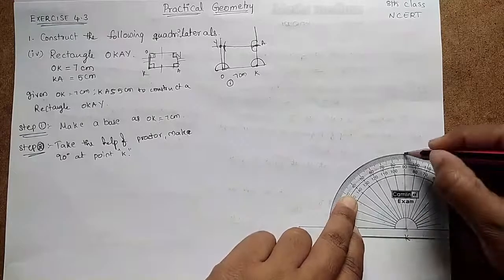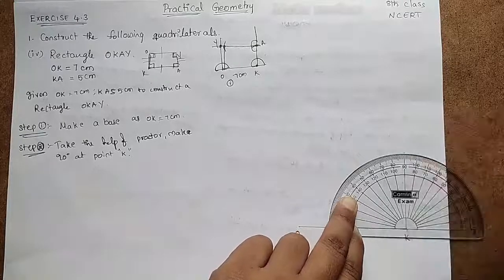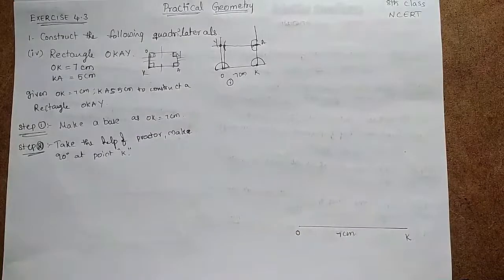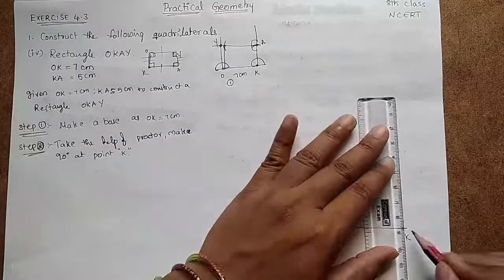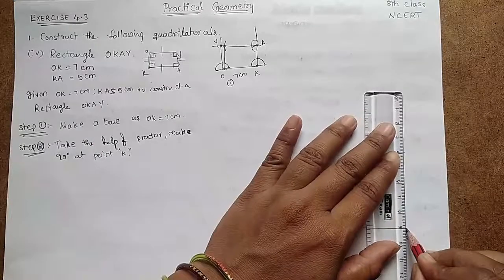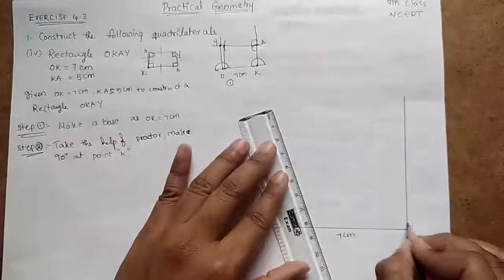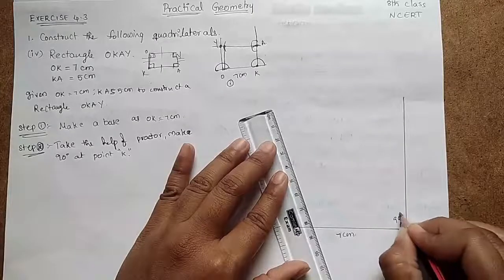So put a 90 degrees at the point, draw a line. So this is 90 degrees. So angle K makes an angle 90 degrees.